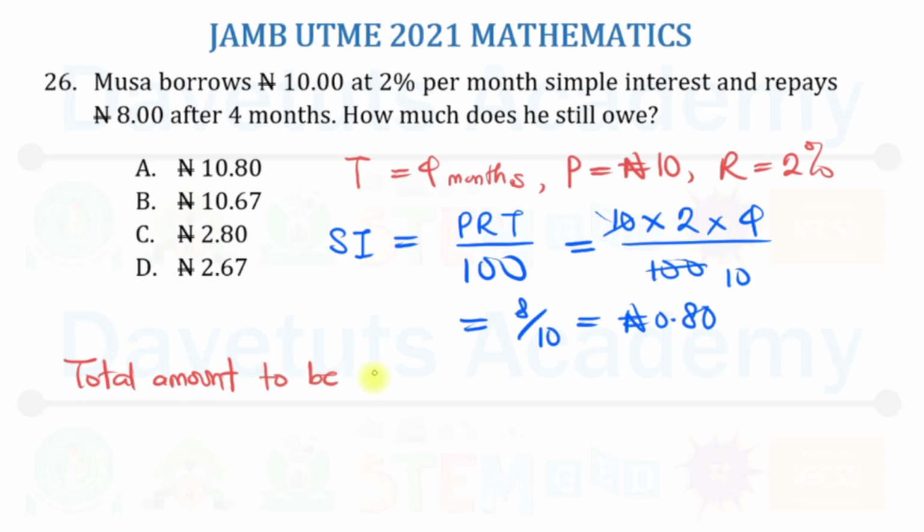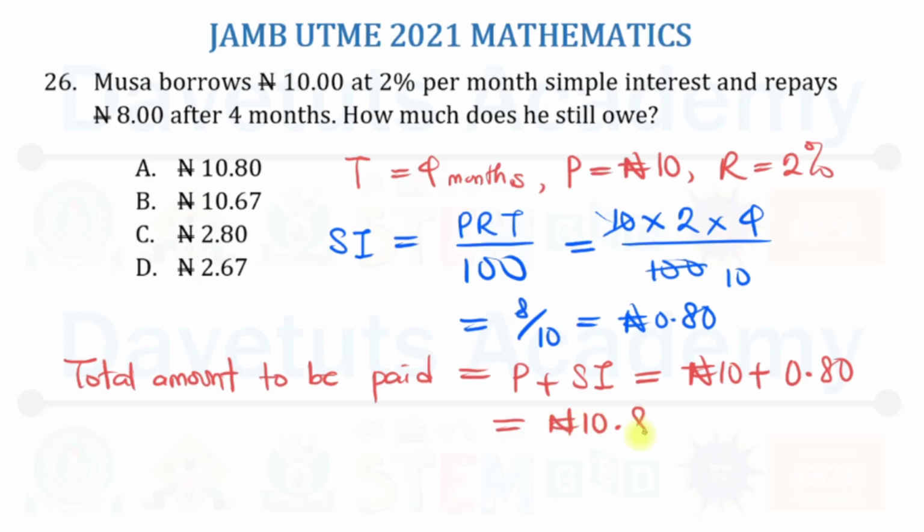is nothing but the original amount, which is the principal, plus the simple interest. And if you look at that, that will be 10 naira plus 80 kobo. Okay, so that is inherently 10.80. Now, he repays 8 naira.